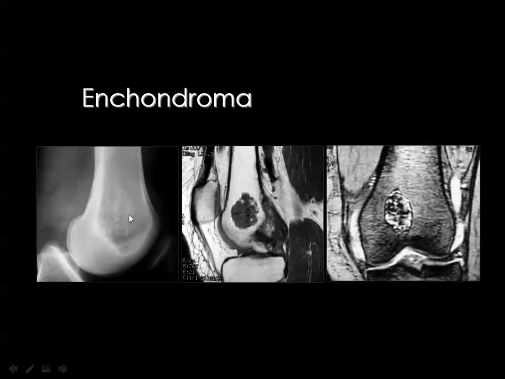You see in the plain X-ray some bone sclerosis. In the MRI, you see a low signal lesion with internal dark foci of calcium. In the T2 weighted image, the lesion will be bright with the sclerotic margin and the internal foci of calcification.